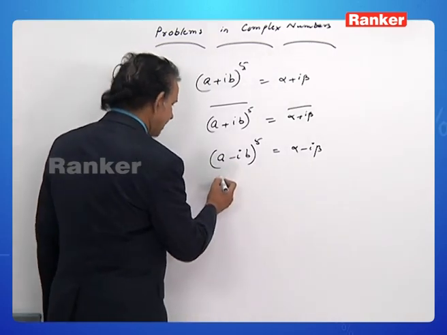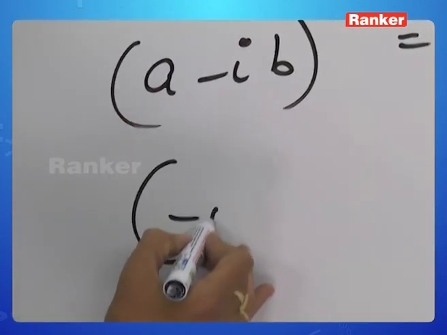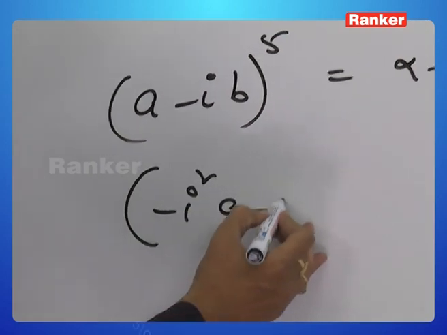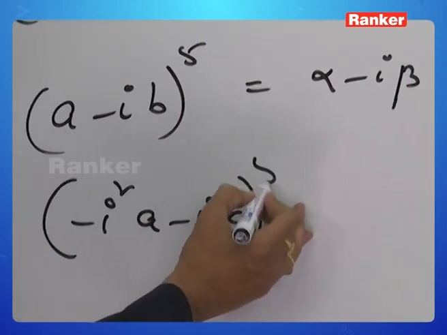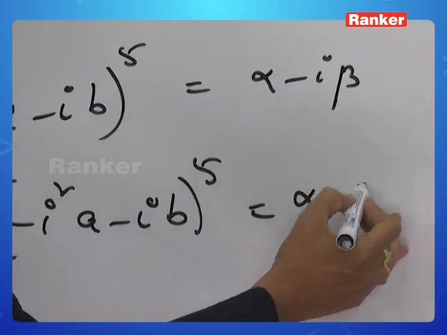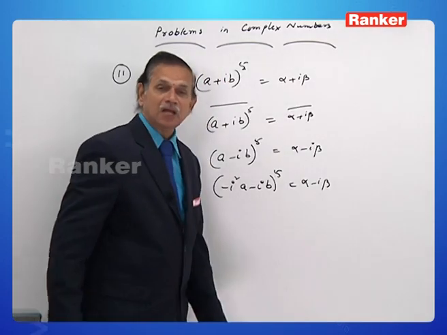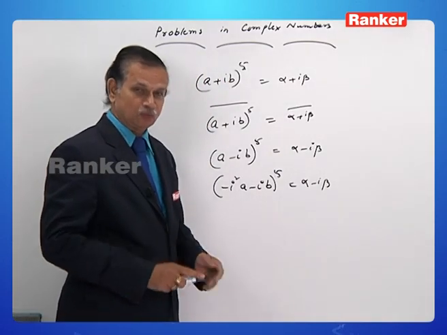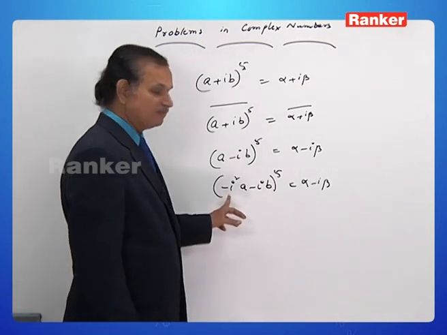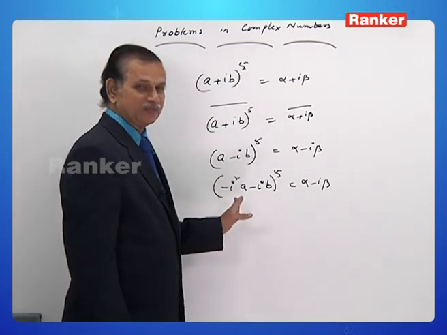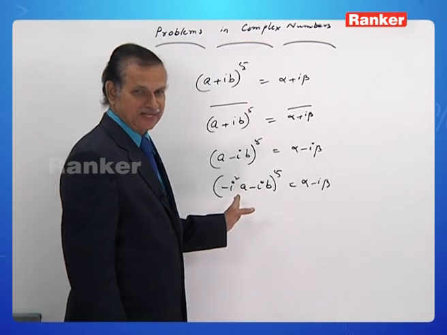Now, let me write this a − ib as −i² a − ib. Let us recall i² is −1. Therefore, −i² is 1, and 1 into a is a. So there is no harm in writing like this.